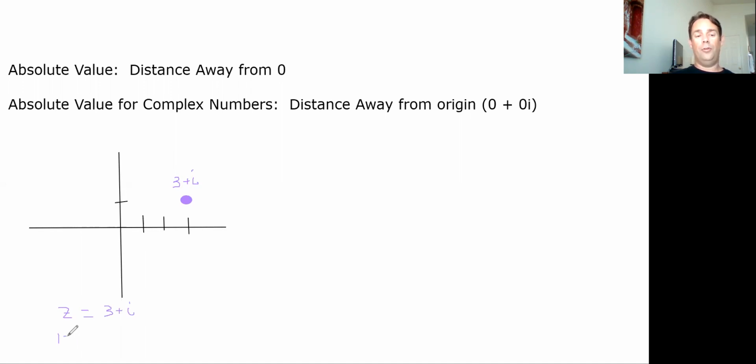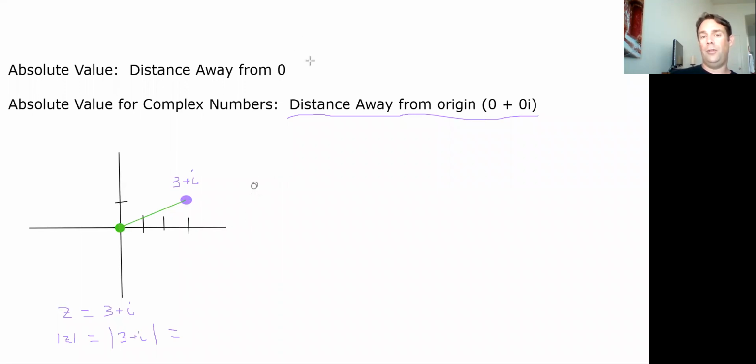So what I want to do is figure out the absolute value of Z. So the absolute value of 3 plus i. So let's think about what that looked like. This is the distance away from 0, 0. So where is 0, 0 at? It's right here. So the distance would be this value from here to here.